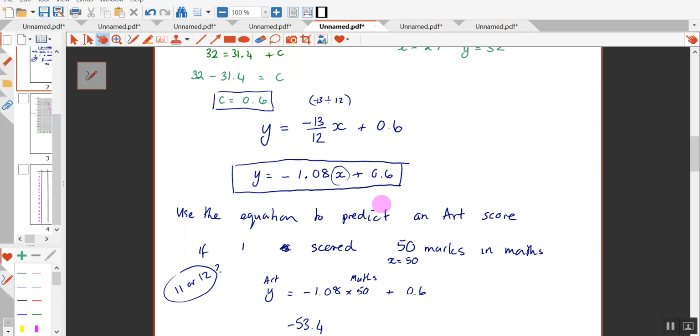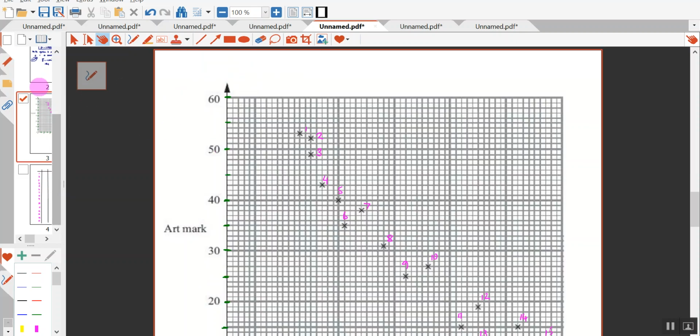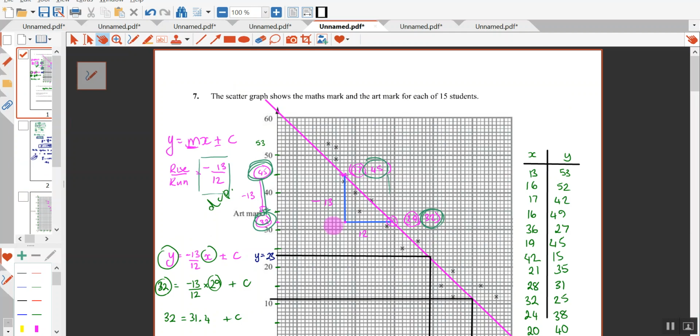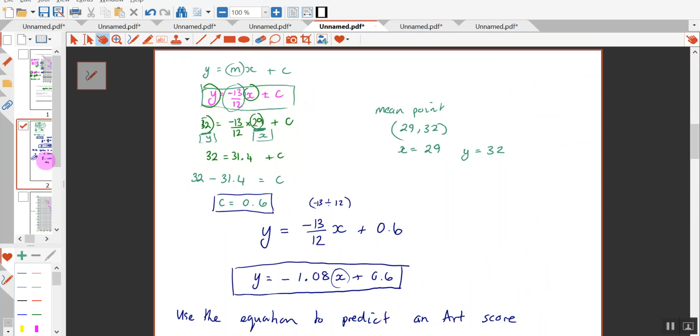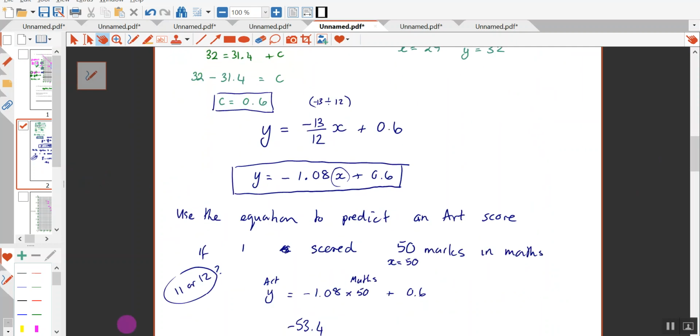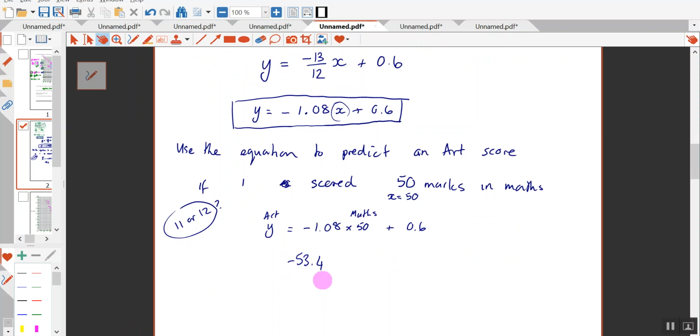If someone hadn't taken their art and we were going to give them an art score based on our predictions, using the graph itself, at 50 we read up and read across and it was somewhere between 11 and 12, but we worked out negative 53.4.